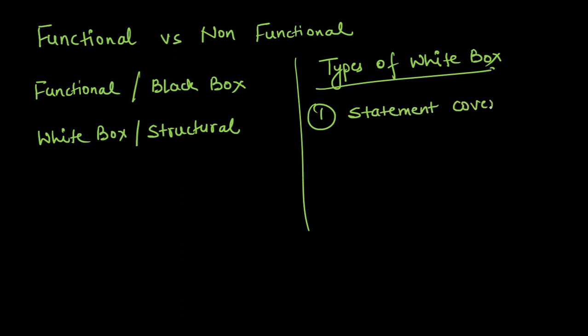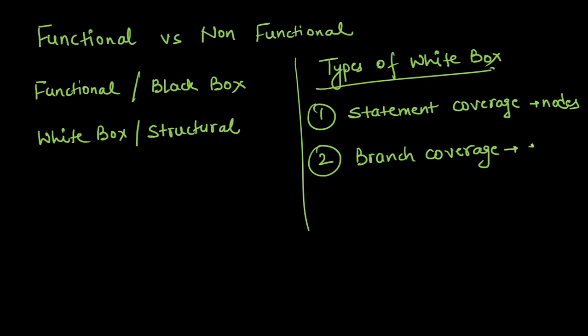So statement coverage deals with nodes. All nodes have to be traversed at least once. Then we saw branch coverage. Branch coverage is basically with edges, with respect to edges. Then we saw basis path testing.